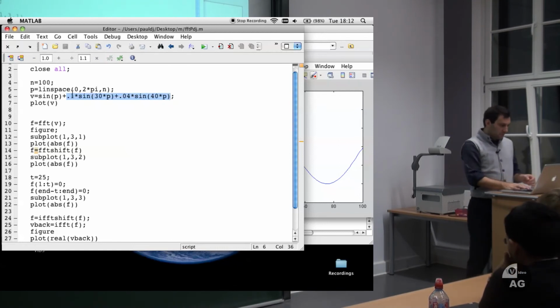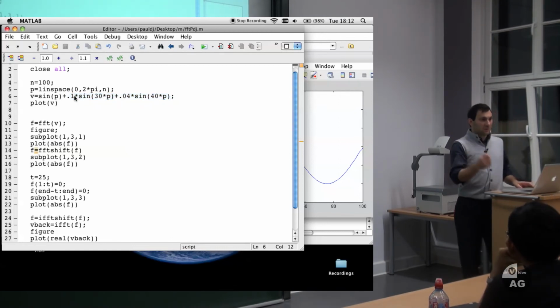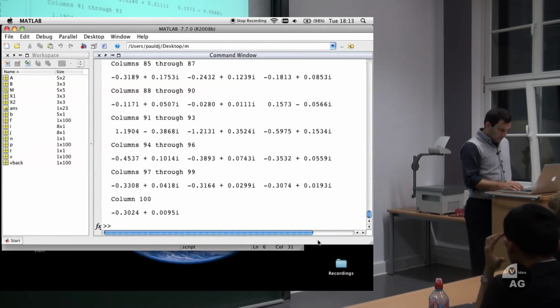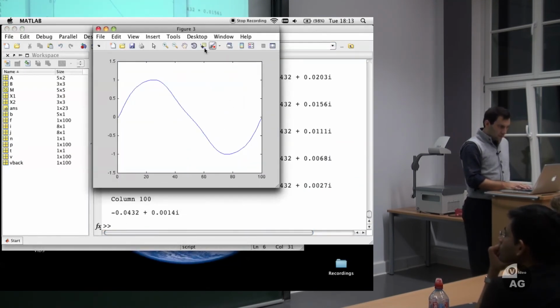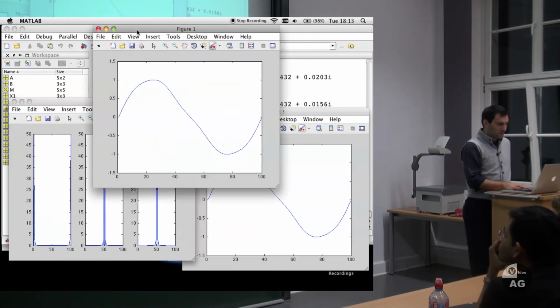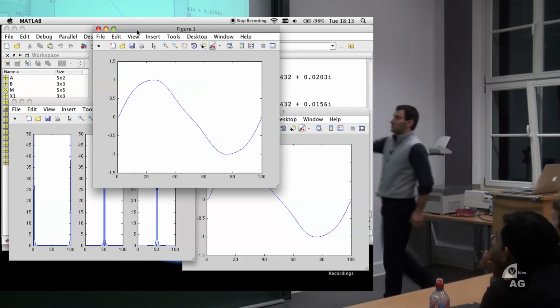Now I can give you more of an idea of what your assignment is like. Let's plot a bunch of low frequencies instead. This is in the spirit of what you want to do. You start with a function.